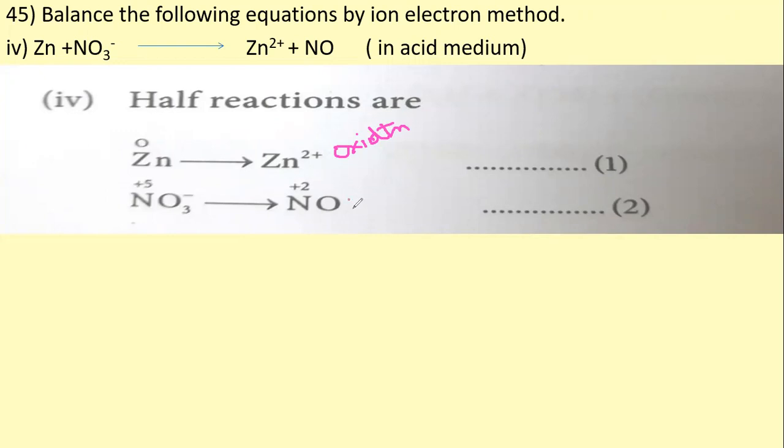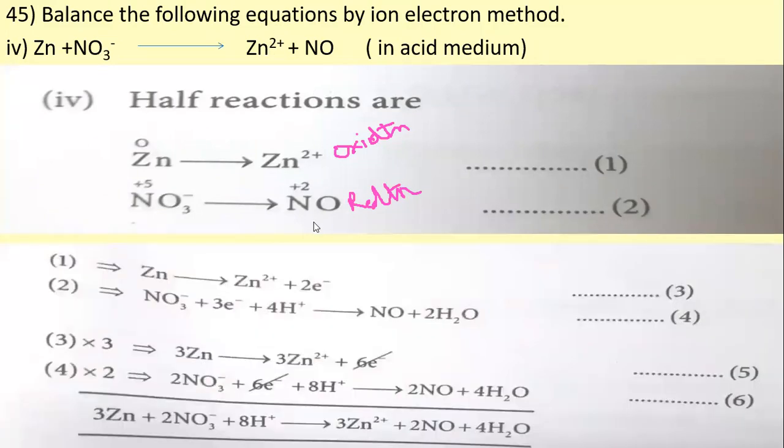And again we have to check for the second half reaction also, that is simply reduction. Here what happened: from +5 to +2, there will be a gain of 3 electrons. So that it is a reduction reaction, the reduction half reaction. So now here what happened in the first equation, there will be a loss of 2 electrons.